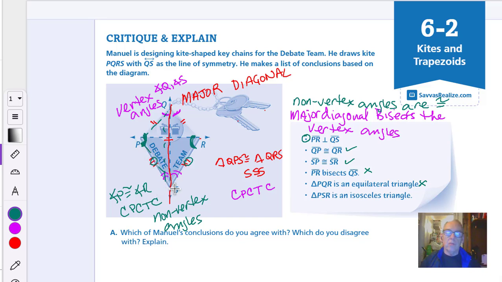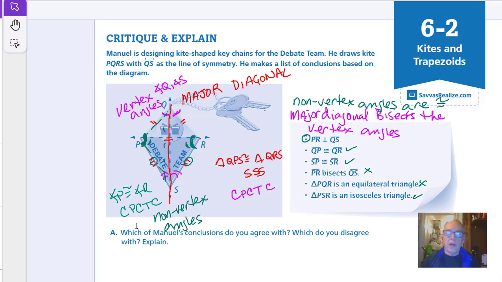So this triangle PSR is an isosceles triangle, which means that angle SPR and angle SRP are also going to be congruent because these are base angles in this isosceles triangle. So that seems to be true.